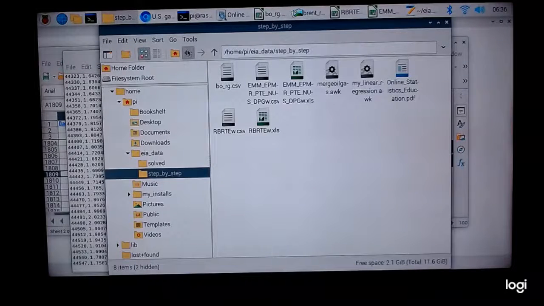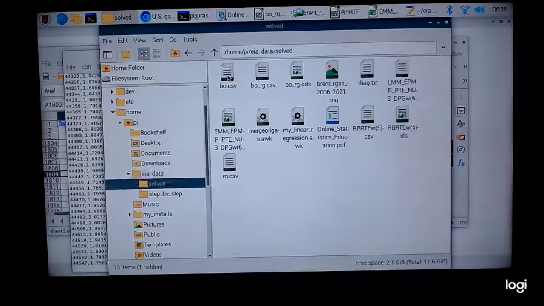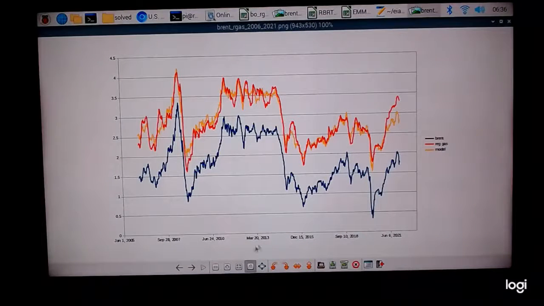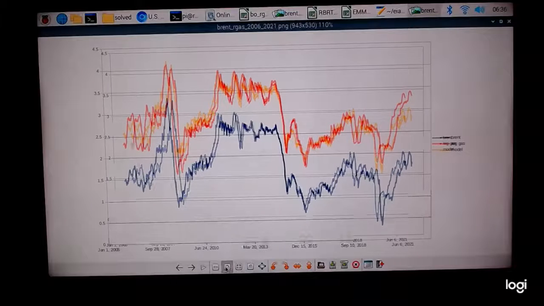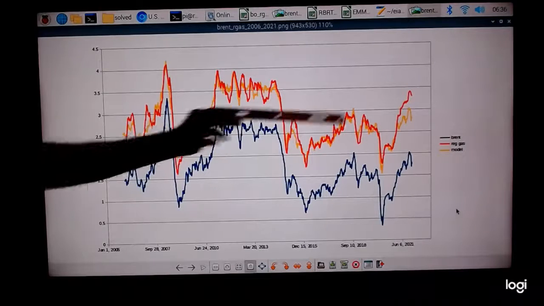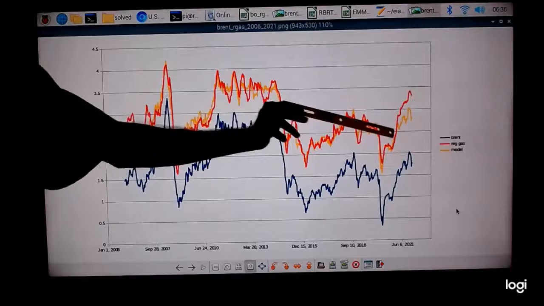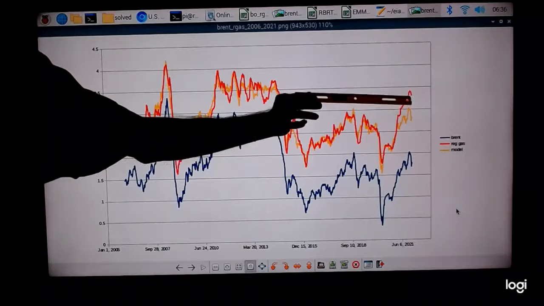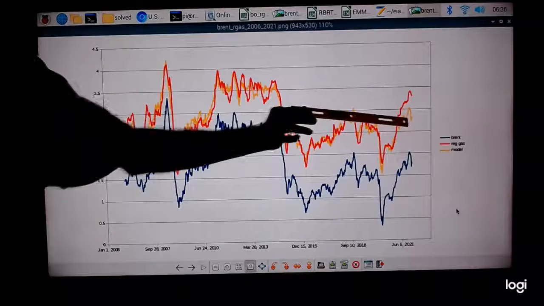Let me just go back to my slide right there. Why is the observed gasoline price so much higher than I predicted?